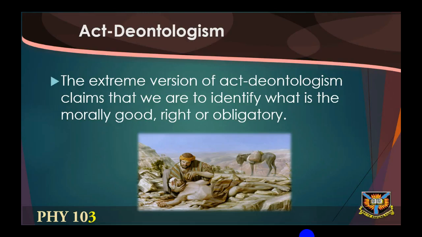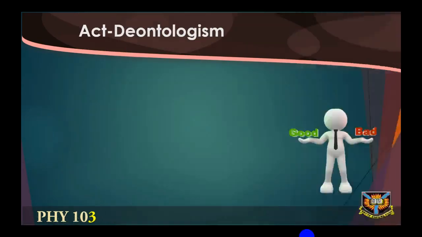While some act deontologists contend that we are to decide on the moral value of a specific action after a careful consideration of the very nature of the action, without any consideration for utility or consequence, others affirm that we are to arrive at a determination of what is morally right or wrong, good or bad by intuition.